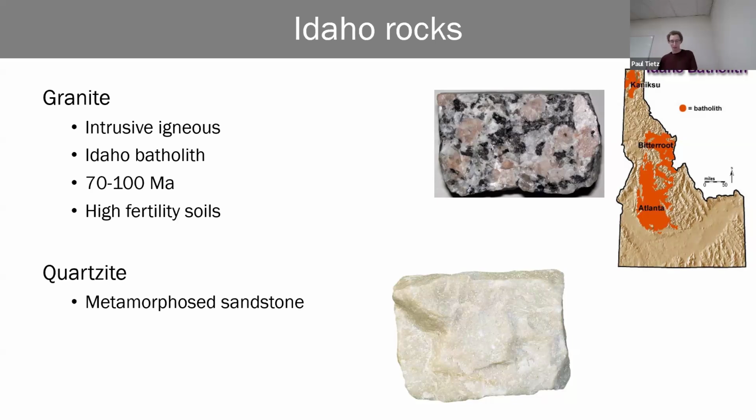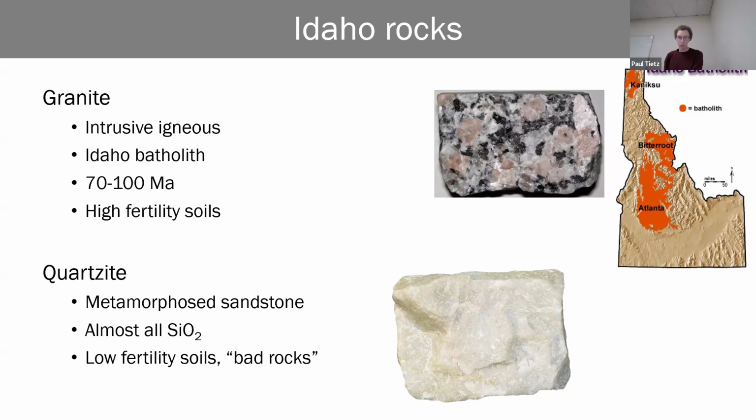You bake the sandstone all together and then you get quartzite. As a result, quartzite rock is almost all silica, the silicon dioxide, SiO2, from all the sand grains. And since it's almost exclusively silica, it produces relatively low fertility soils.